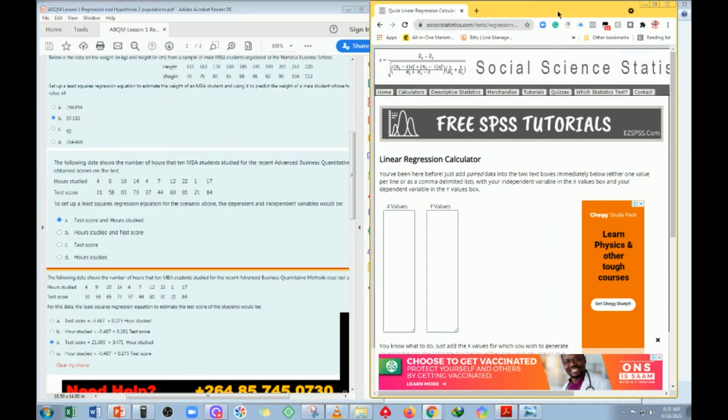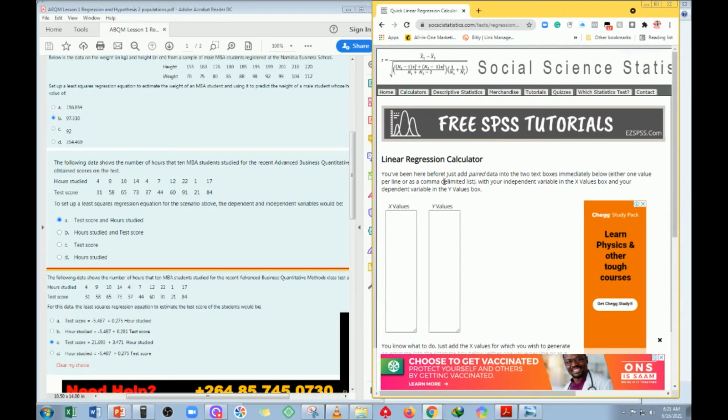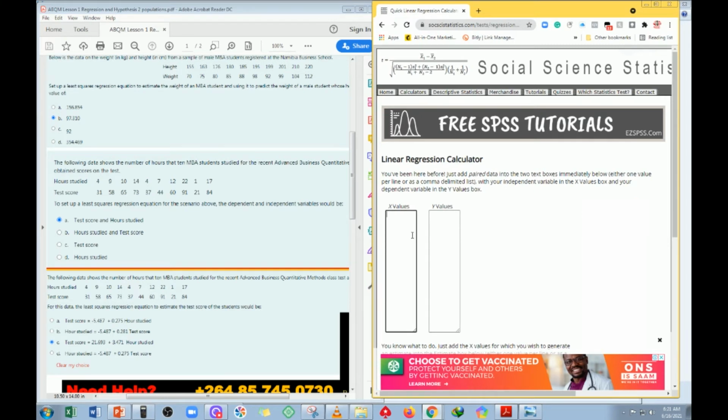Okay, so let's do this. Again, we simply put in our X values, 4, 9, 14, 4, 7, 12, 22, 1, 17. Very easy. 31, 58.